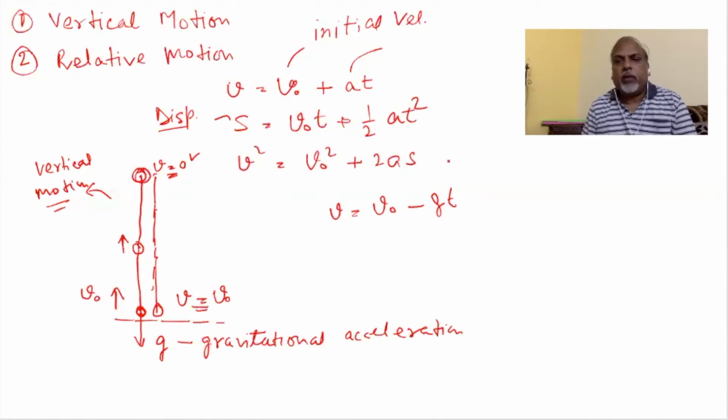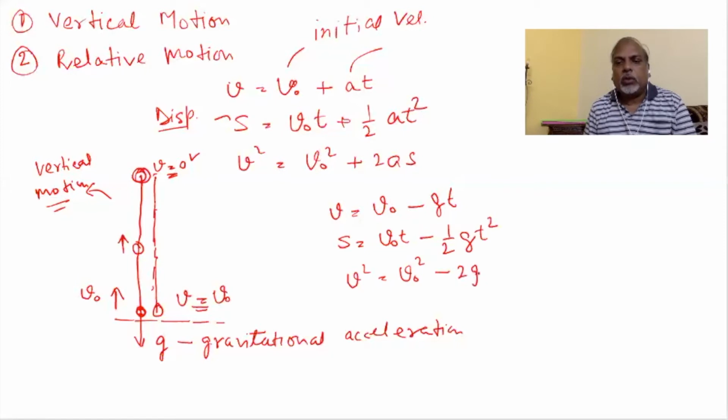In place of a, it is g, because gravitational acceleration will act upon the ball, but it will be minus because here the velocity and g are in opposite directions. s will of course be v0 t minus half g t squared. v squared is equal to v0 squared minus 2gs.